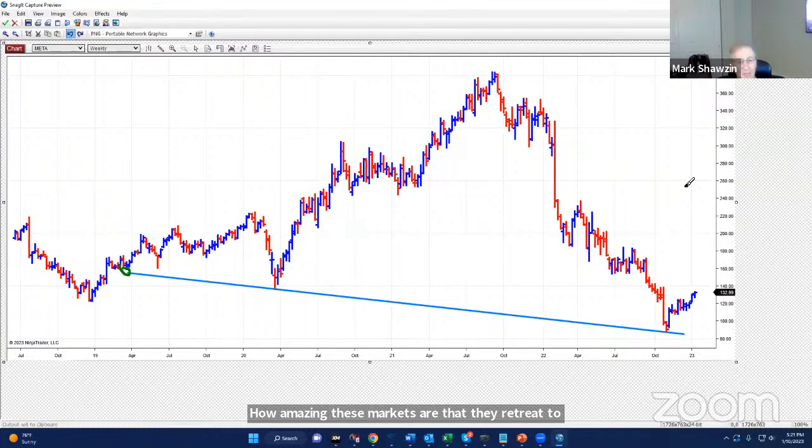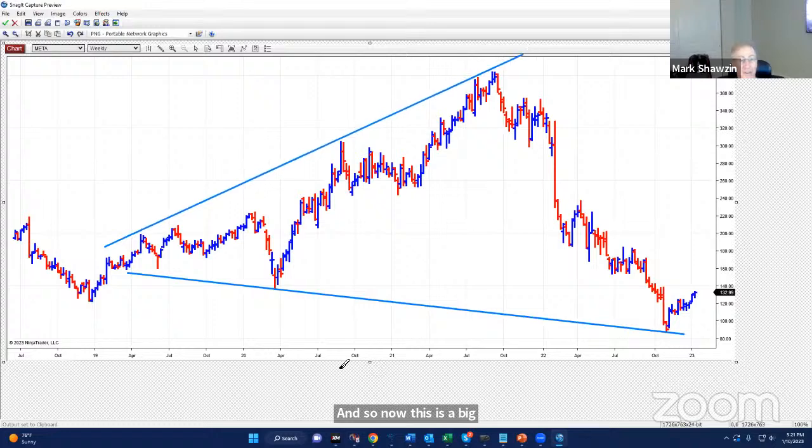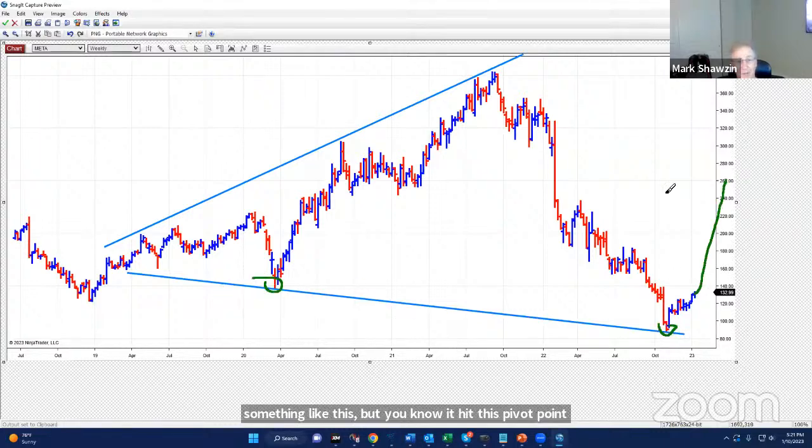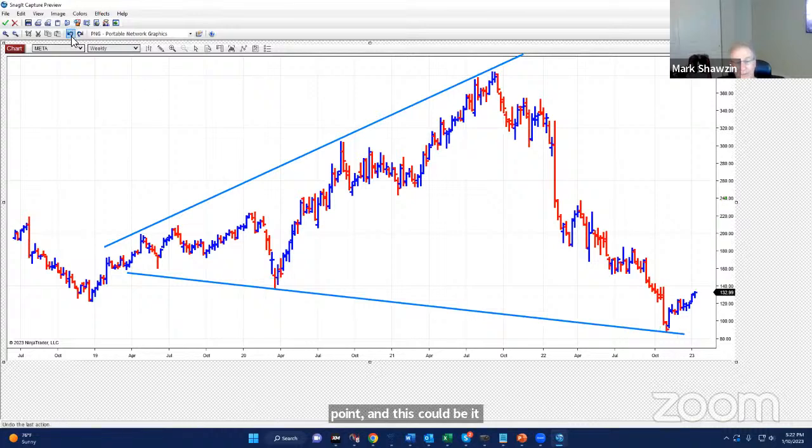And so now this is a big reverse symmetrical triangle. I don't even know what you say to something like this, but it hit this pivot point, and this could be it. But that is the amazing thing about price.